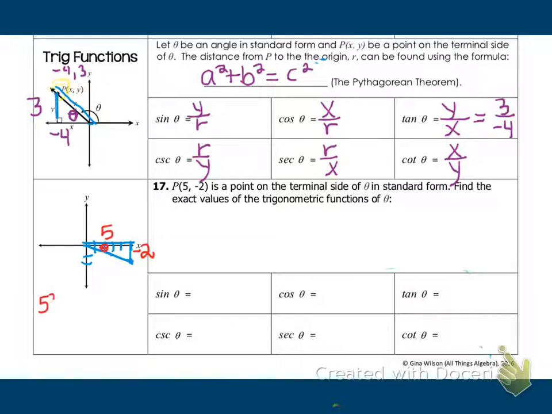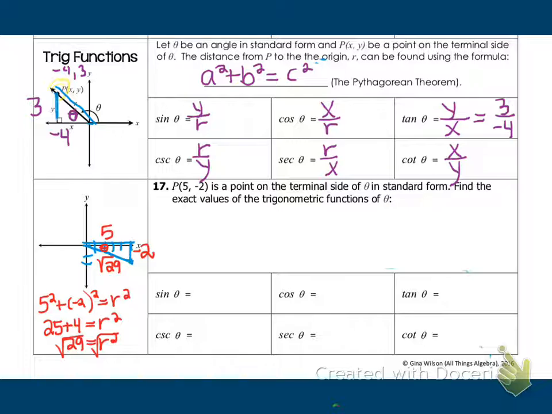So 5 squared plus negative 2 squared is equal to r squared. 5 squared is 25. Negative 2 squared is 4. Add those two together, we get 29. And 29 is equal to the radius squared, so we'd have to take the square root. So that would make our hypotenuse the square root of 29 for this triangle.